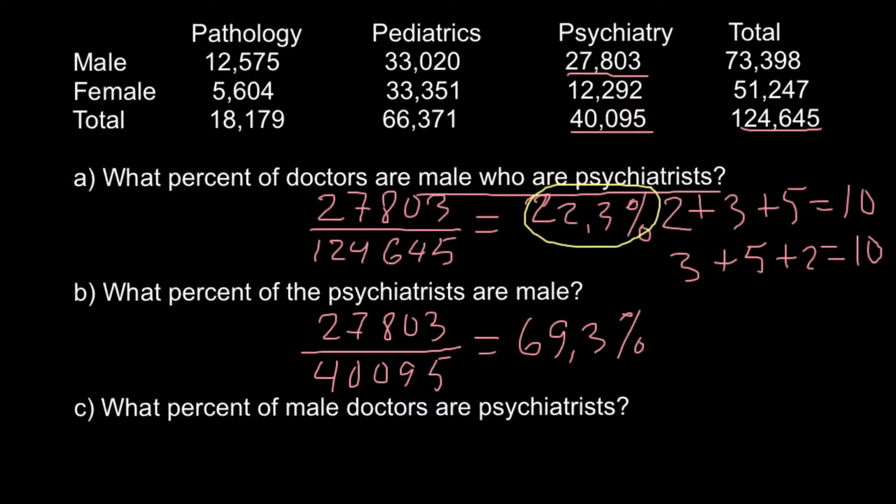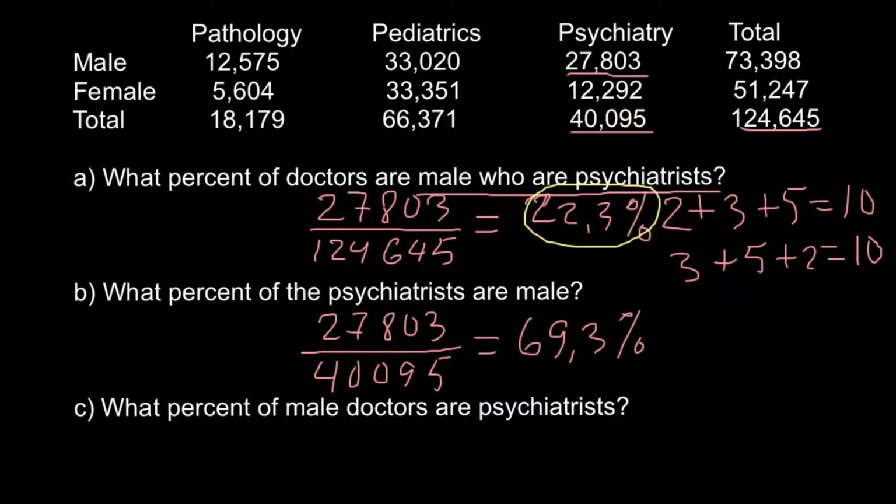And answer to question C: what percent of male doctors are psychiatrists? How many male doctors do we have here? We have male doctors here, male doctors here, and male doctors here, and this would be the total number of the male doctors. The portion of all the male doctors who are psychiatrists is the doctors that are male and psychiatrists.